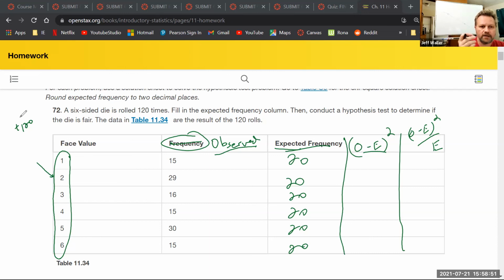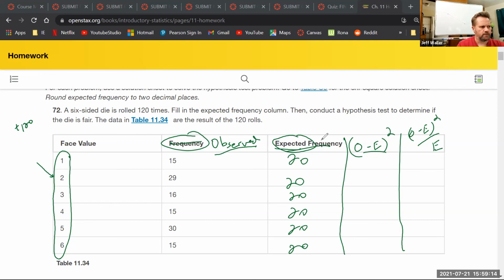Makes sense. 120 total dollars, 6 people worked the same amount, so we should each get 20 to be fair. That's all we did. How many would you expect each one to get if they each get the same amount? 20. Okay.